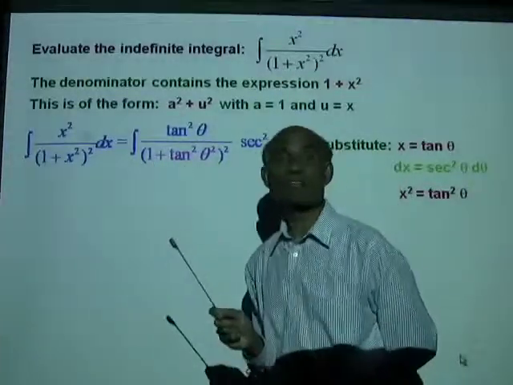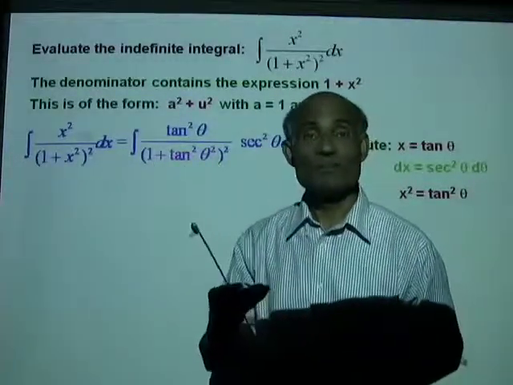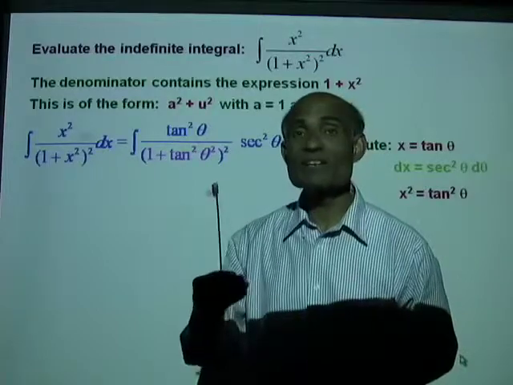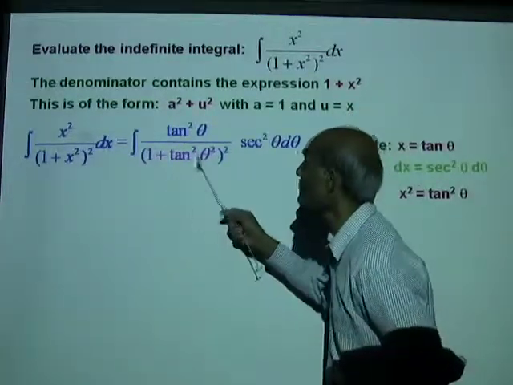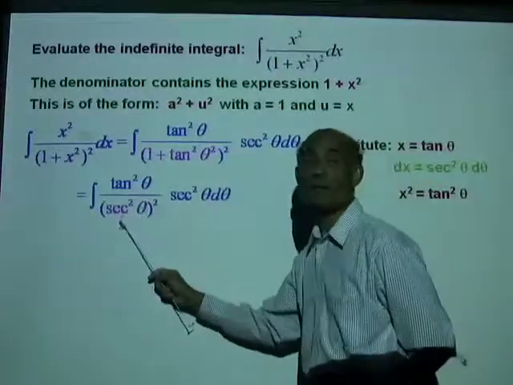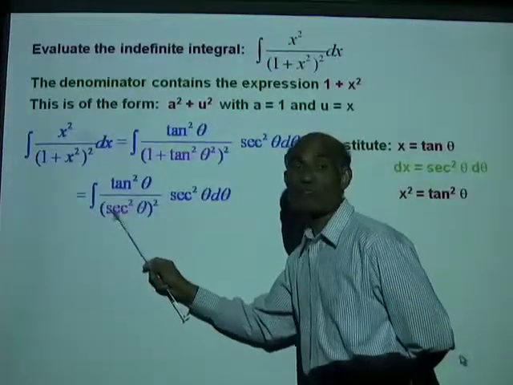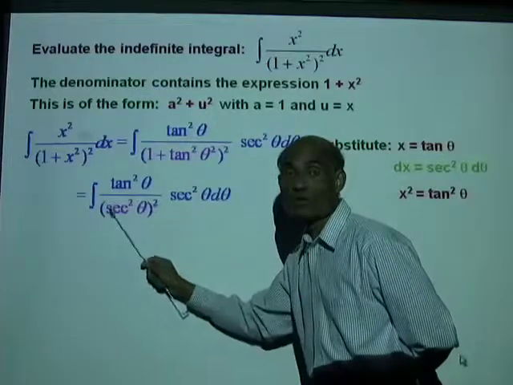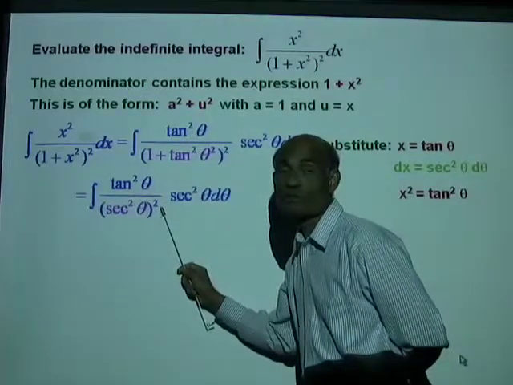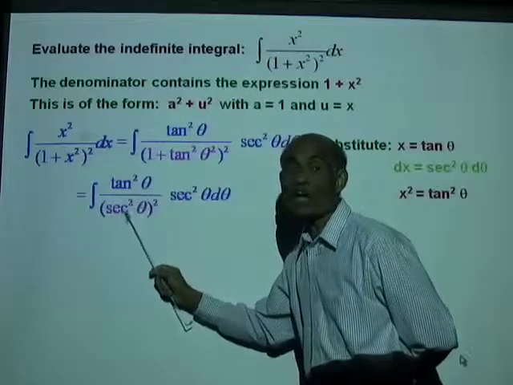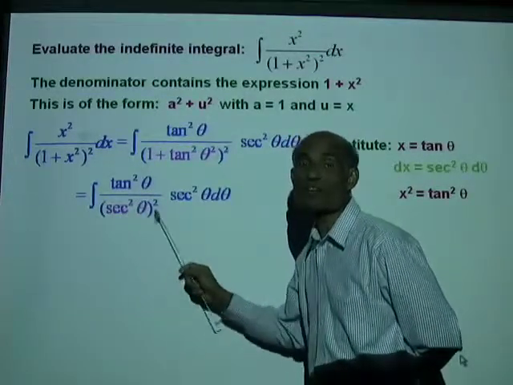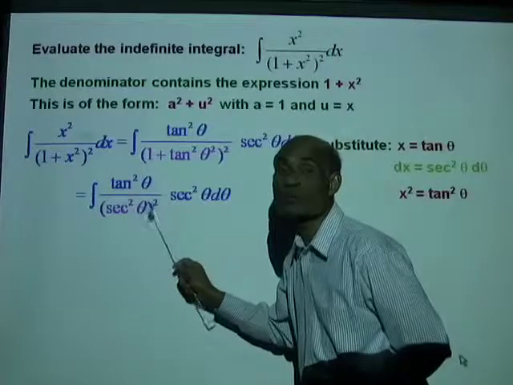What is 1 plus tan squared theta? 1 plus tan squared theta is secant squared theta. So replace that by secant squared theta. Now this is secant squared theta raised to the power of 2. And you can see this secant squared theta and a secant squared theta will cancel, leaving a secant squared theta.